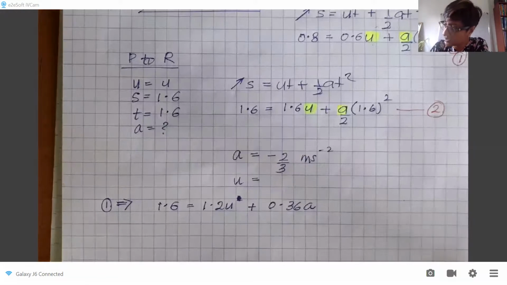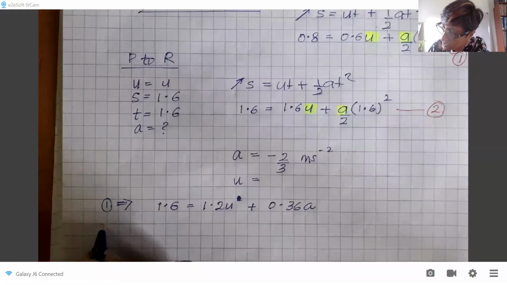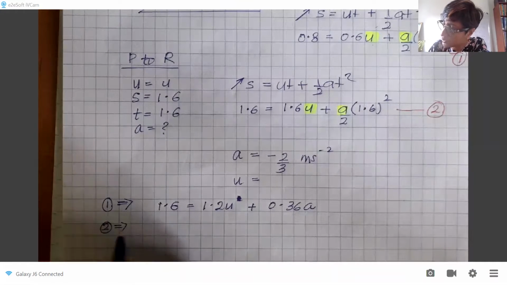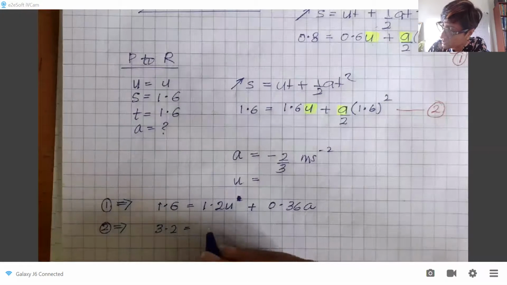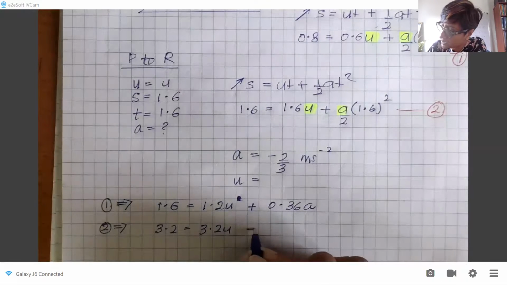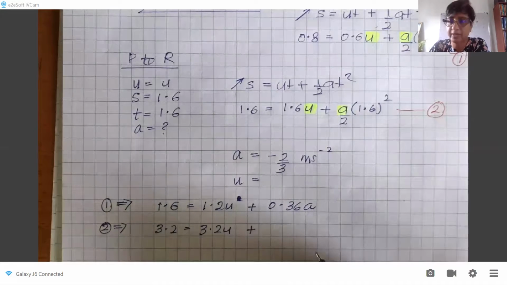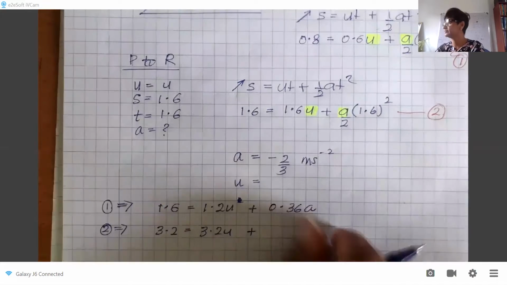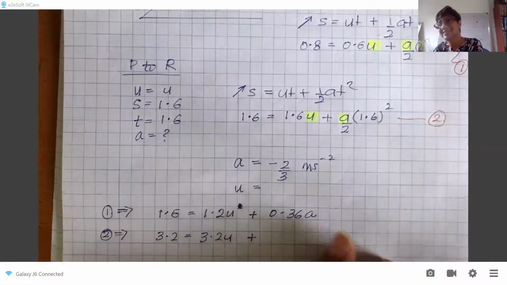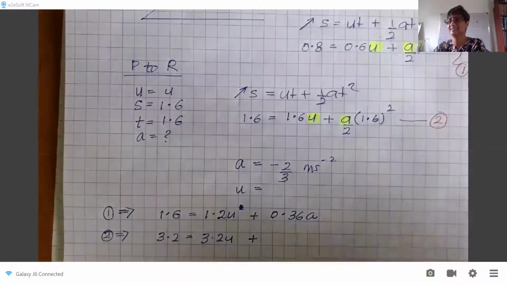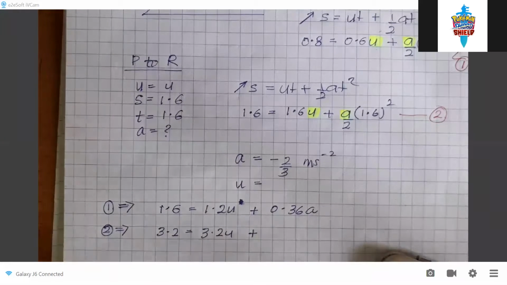That's the first equation. Second equation becomes, if I multiply everything by 2, 3.2 equals 3.2u plus 1.6 squared a. What is 1.6 squared? Do you know what 1.6 squared is? Miss, 2.56.